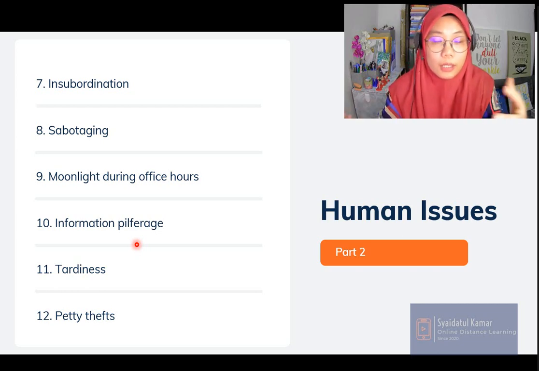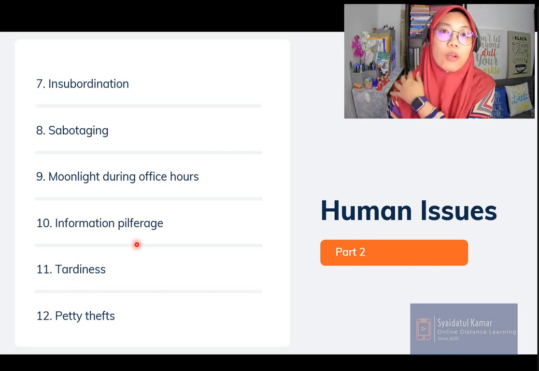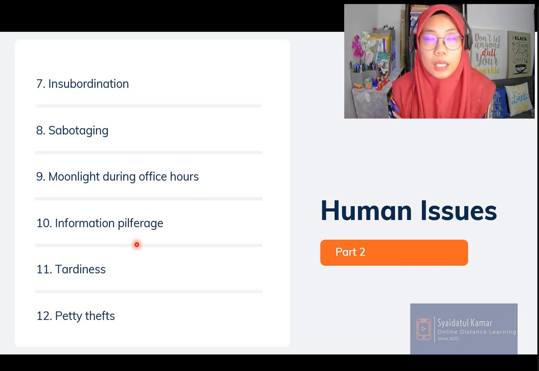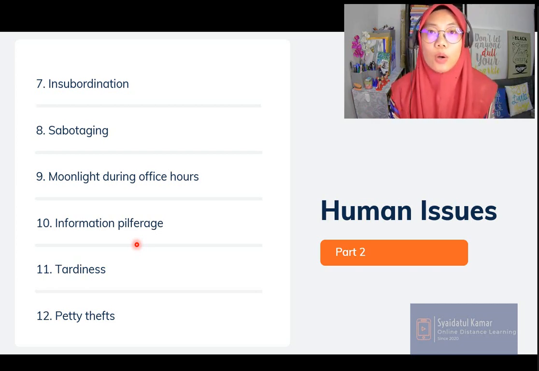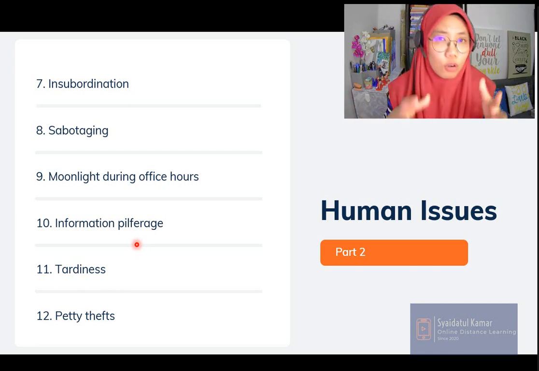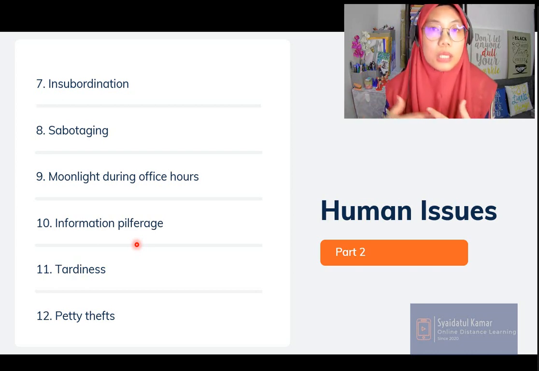And then you let all of the information out. For example, it doesn't matter whether you are in a public organization or in a private organization, each and every organization has its own confidential information, and it's not your right to leak it or to tell the public about it.